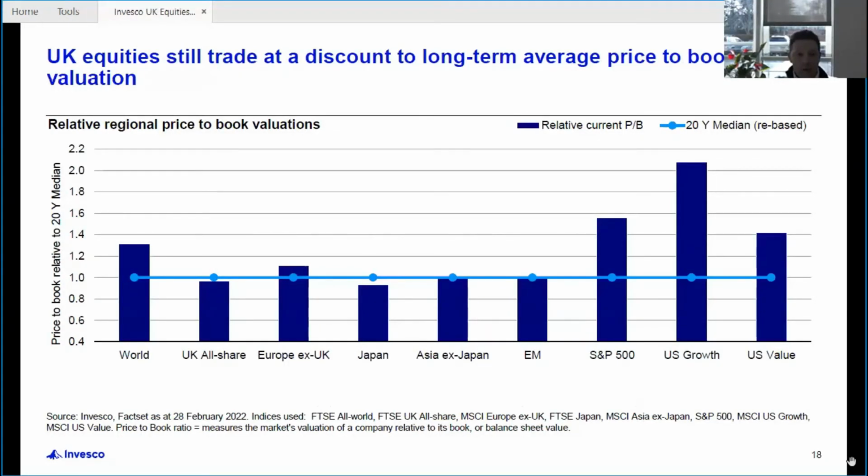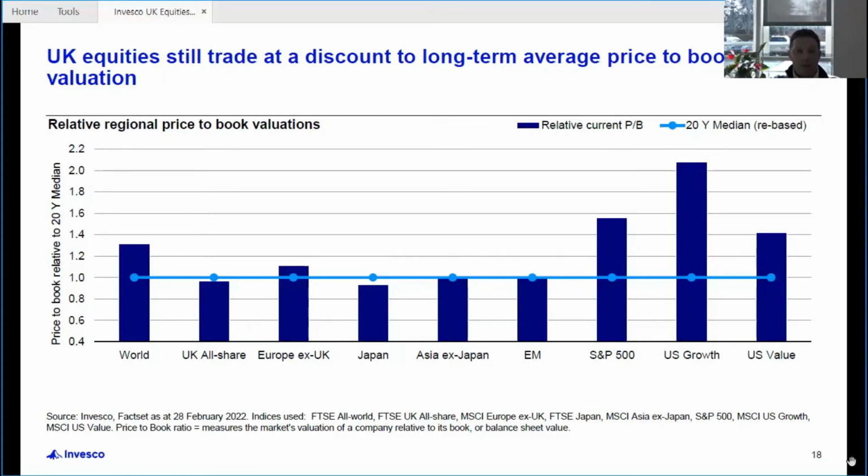So what we're saying here is that the valuation, the total market cap of the market compared to its book or net balance sheet value today, compared to how cheap or expensive it's been relative to that value over the long term. And the UK, alongside Japan, is still at a discount to its 20-year average. That discount has narrowed in the last, I would say, 6 months. It was wider, but it's still at a discount.